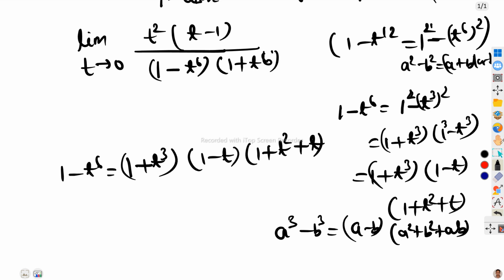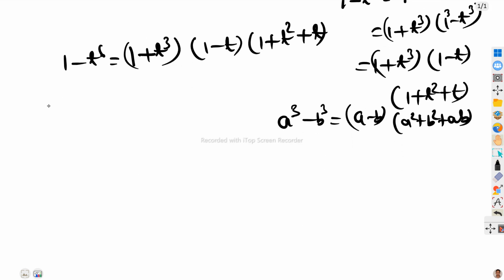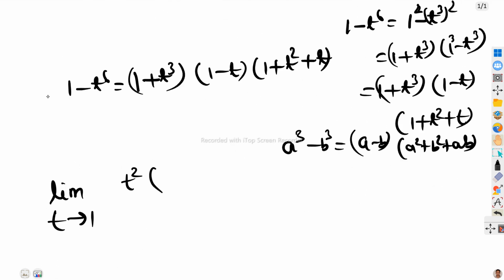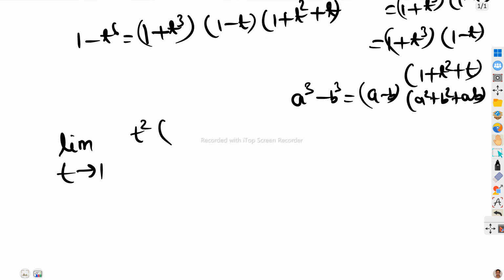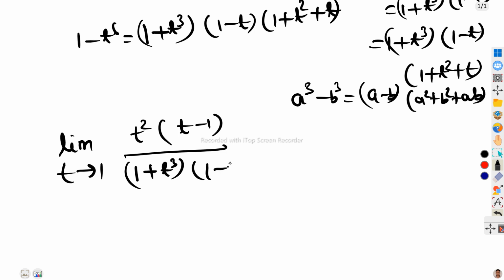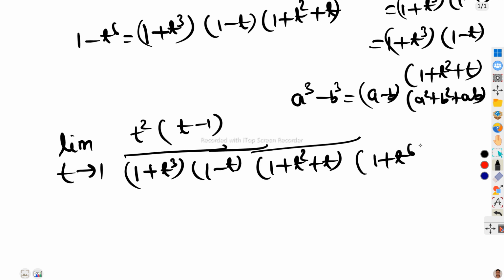So substituting this factor in the given limit, we find that limit t tends to 1 of t square into t minus 1, and in the place of 1 minus t raised to power 6, we can write 1 plus t cube, 1 minus t, and this is 1 plus t square plus t, and this is again 1 plus t raised to power 6.